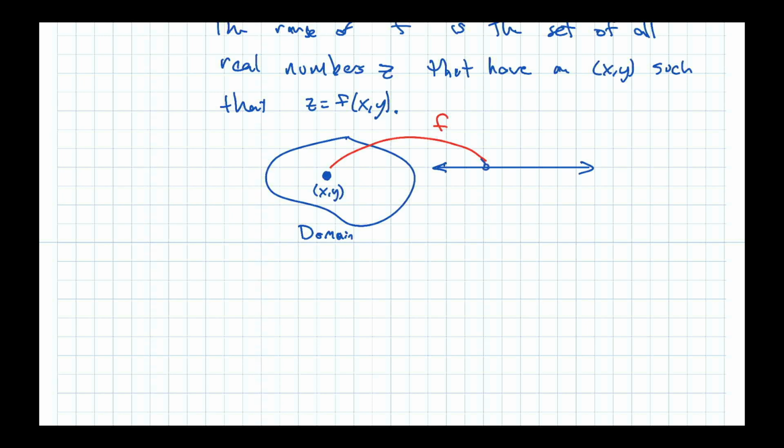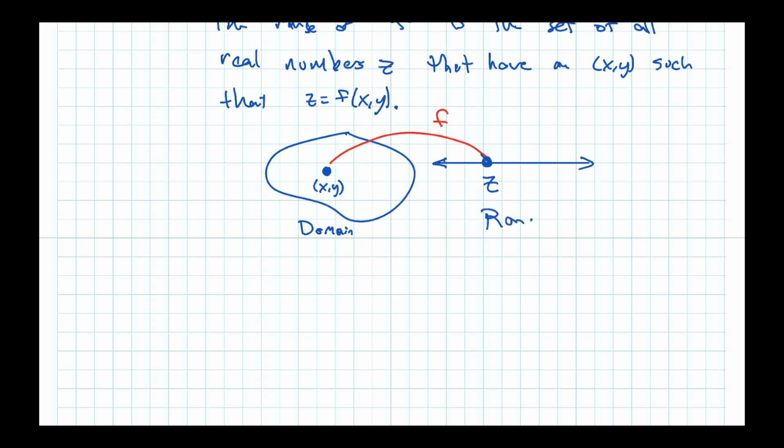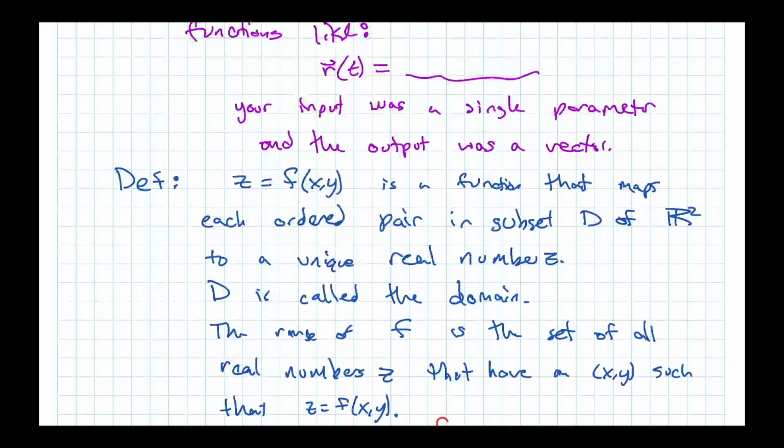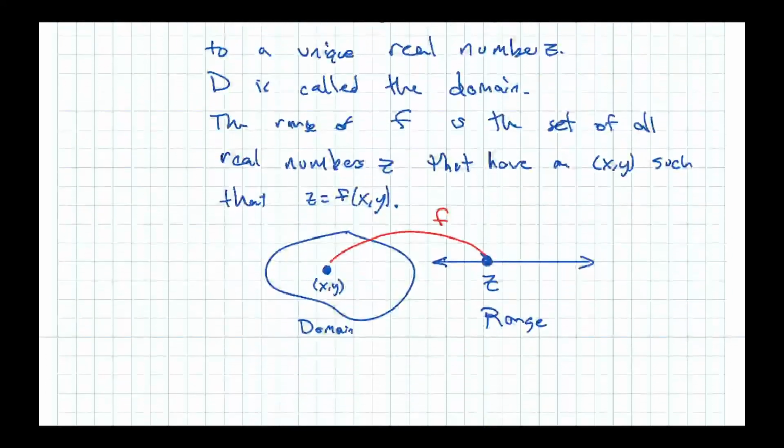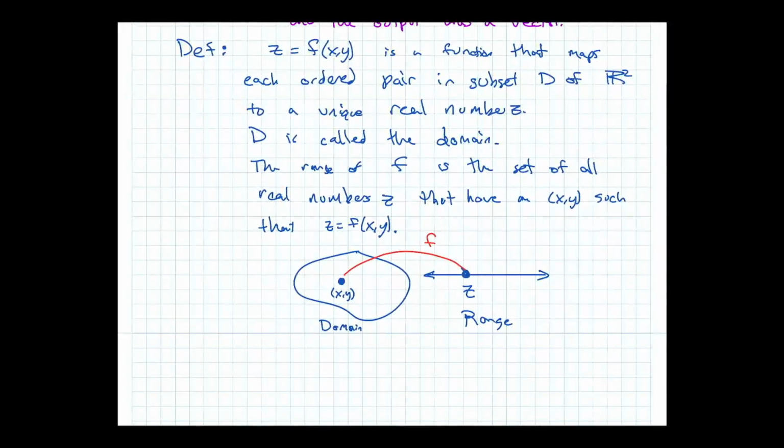Somewhere on here there's your z, and this is the range over here. The point is that your inputs are x, y's, and your output is a single variable, as opposed to the previous sections where your input was a single real number and your output was a vector. So it's almost backwards here, compared to what we were looking at in the previous chapter.